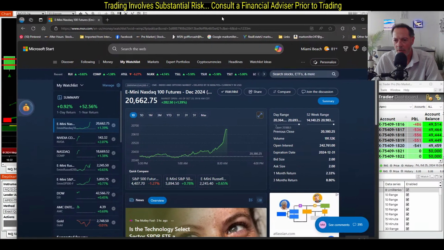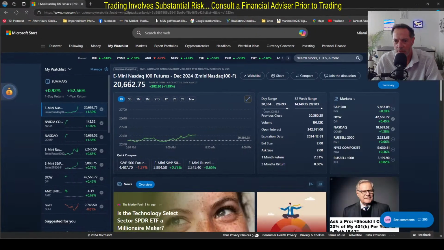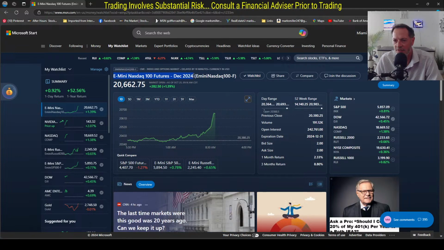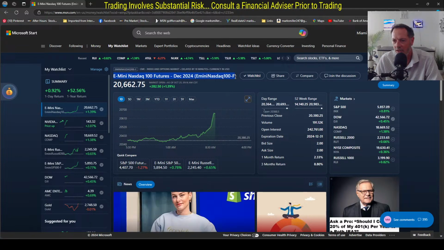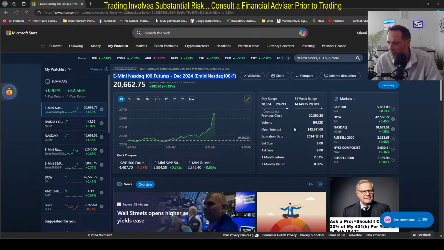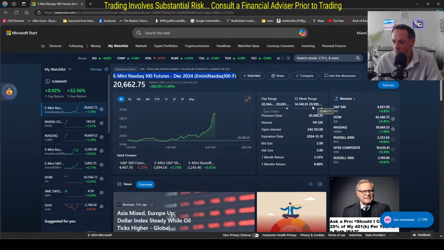Here's the broader look over here. So this is the instrument we're trading here today. It's the E-mini NASDAQ 100 futures, the December 2024 contract. We're all battling here for this contract. And right now, over here, the 52-week high is 20,983.